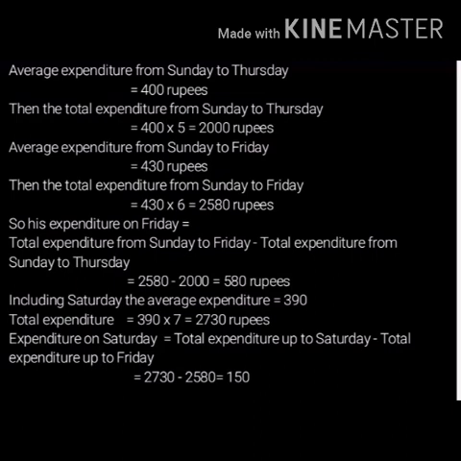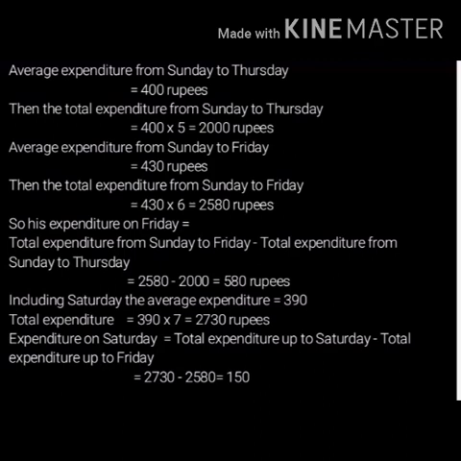Then the total expenditure from Sunday to Friday, there are 6 days, so we find it by 430 into 6, that is 2580 rupees. So we can find his expenditure on Friday by total expenditure from Sunday to Friday minus total expenditure from Sunday to Thursday, that is 2580 minus 2000, then it is 580 rupees.